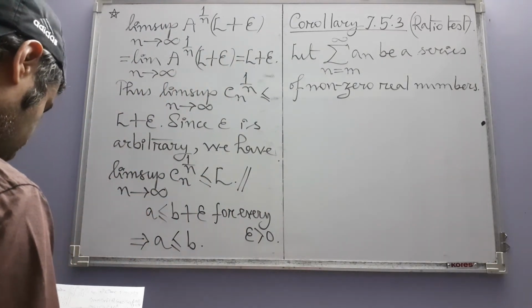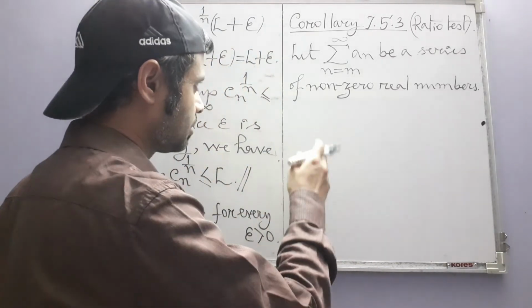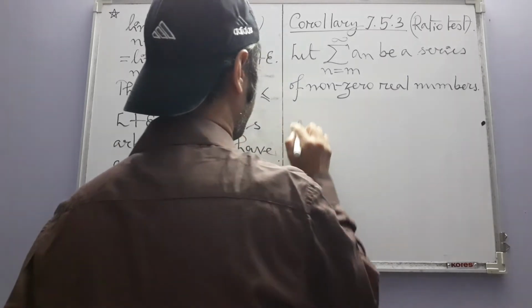The non-zero hypothesis is required so that the ratios, absolute value of a_(n+1) over a_n, appearing below are well defined.